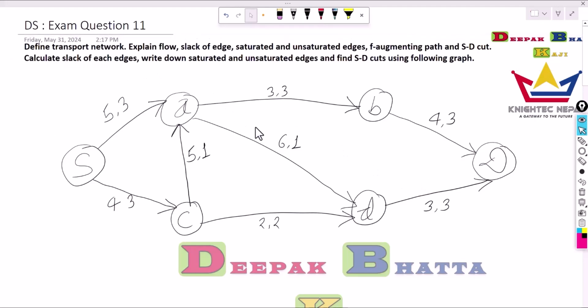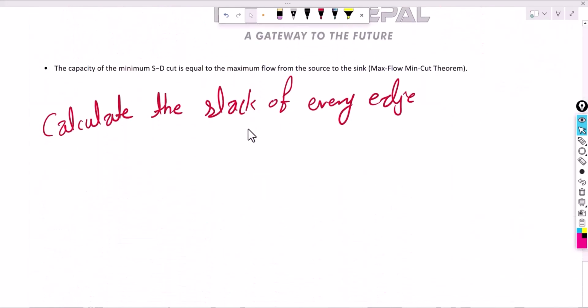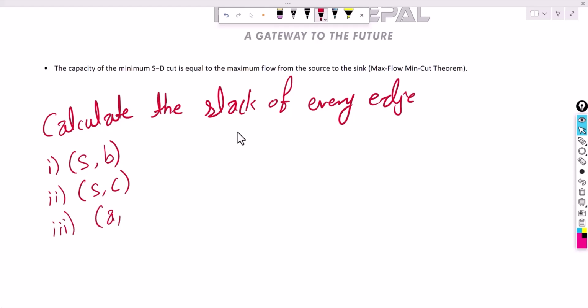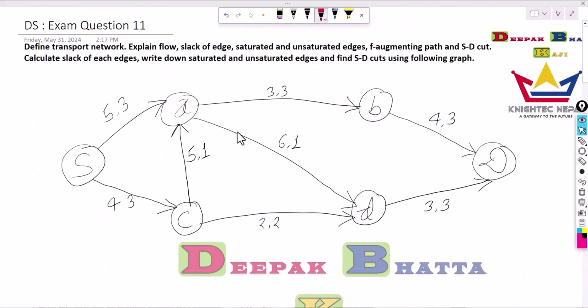Okay, so first write down the edges point wise. S A, then S C, these are the edges we are writing from the given question. A B, another one C A, likewise A D, B D, D D, okay.